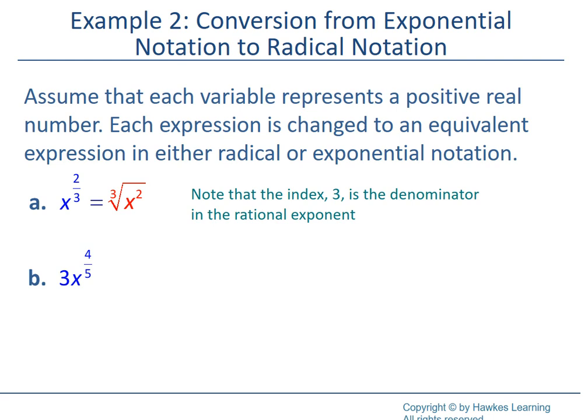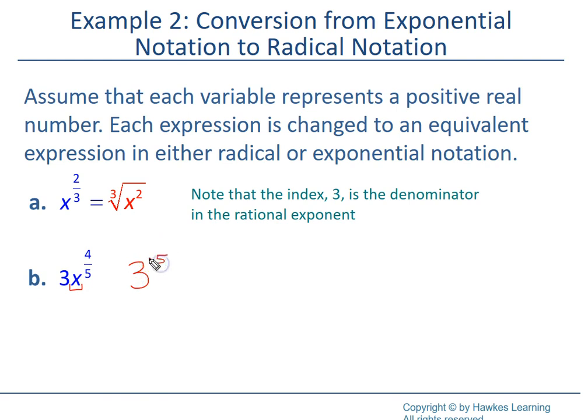Now this is critical because you might say, well, I just said something, but now watch this. What is the base of this exponent? It's just the x. So the 3 is going to go here.